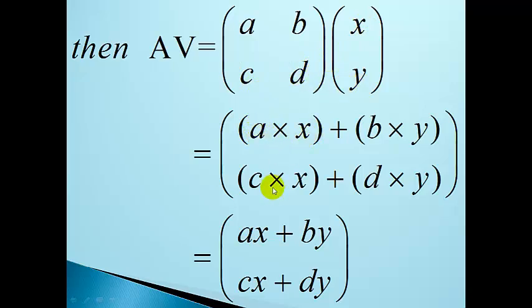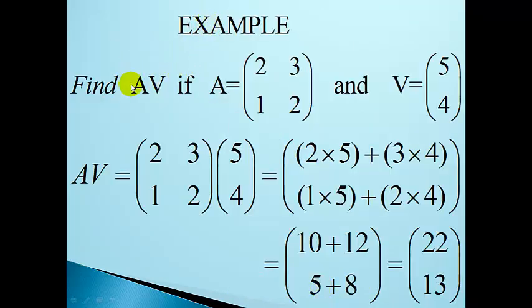Now a times x is ax plus b times y is by. c times x is cx plus d times y is dy. So AV is equal to ax plus by, cx plus dy.